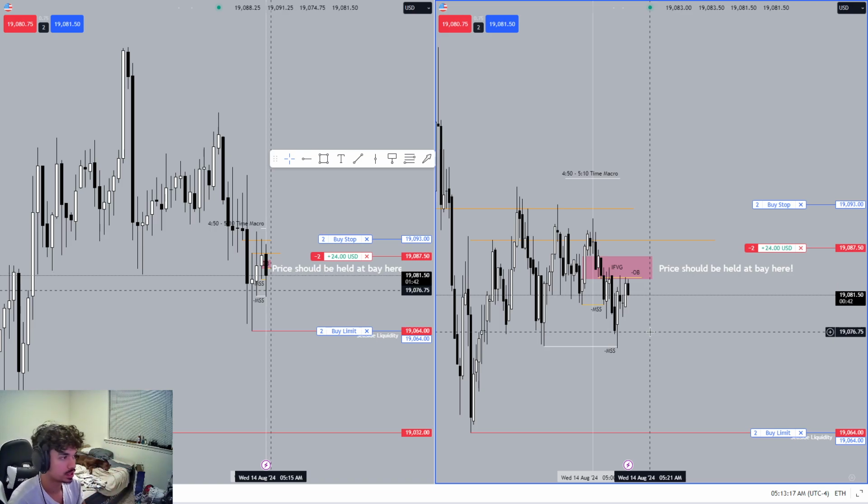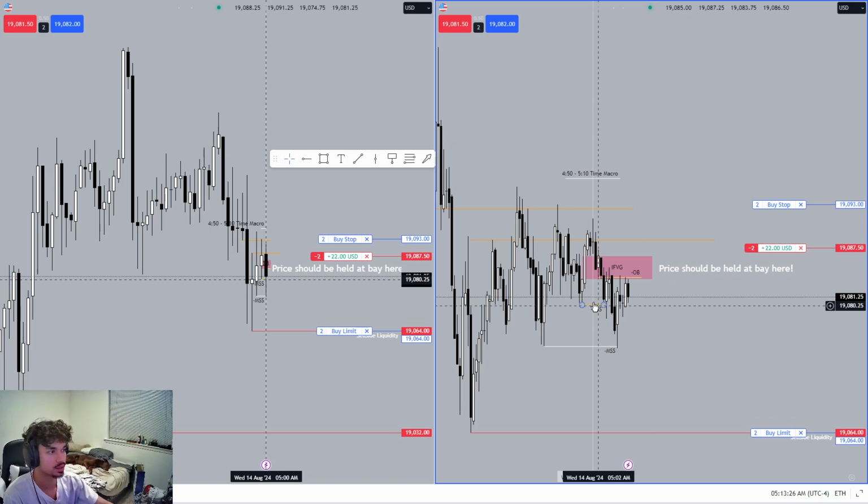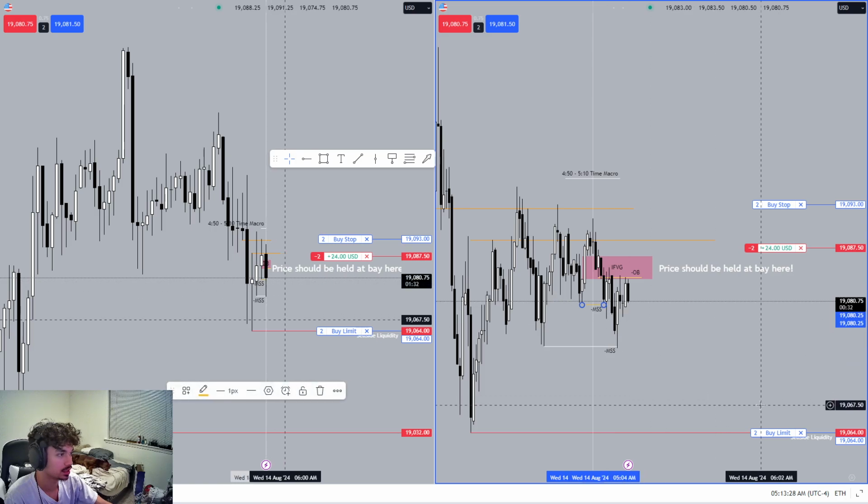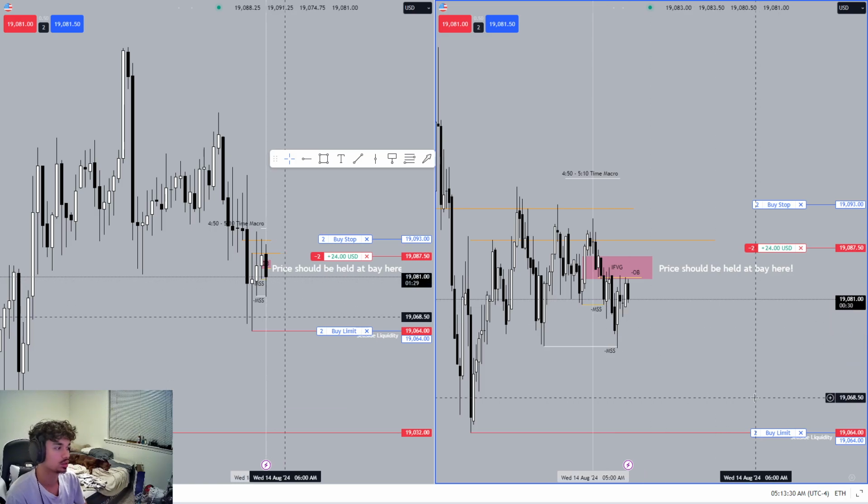So hopefully I don't jinx it. But yeah, definitely do want to see more downside delivery. And I want to see us close beneath this level here at 80 and a quarter. 80 and a quarter. And we got 1 minute and 30 seconds to see if that happens or not. Deep breaths.